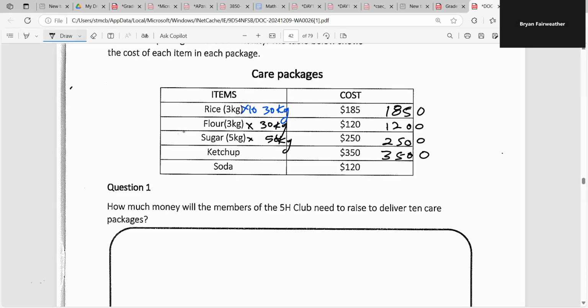So you're going to multiply 120 by 10, which gives you 1,200. Then, sir, after that, I added up all of it to get the price for the 10 packages.